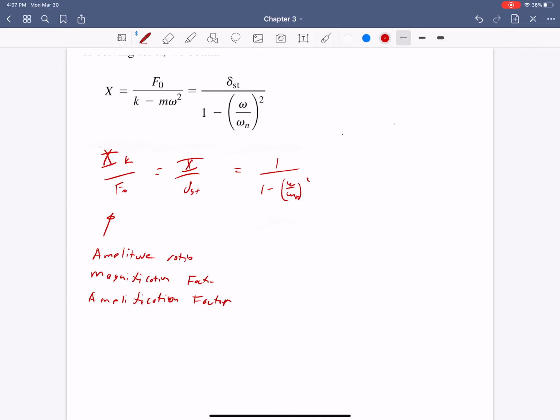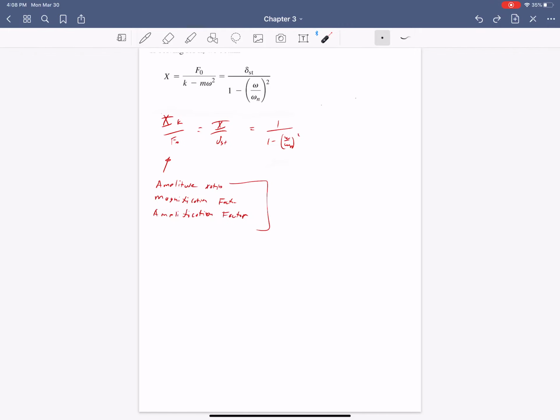They all mean the same thing. So now we get to remember 3 terms instead of just one. But really what it means is, for a given setup with k and f naught, how big is the amplitude of your motion going to be, based upon the frequency you're driving it at.